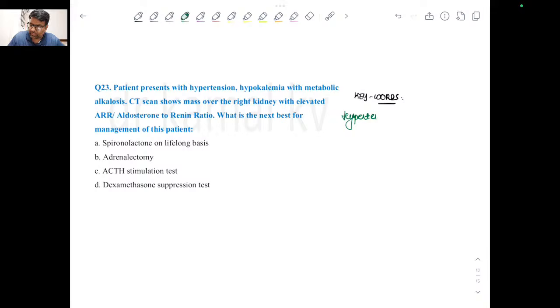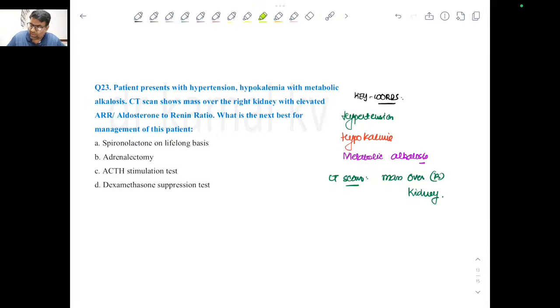Hypertension. Then second is hypokalemia. Then metabolic alkalosis. Then CT scan is giving us a clue that there is a mass over the right kidney.